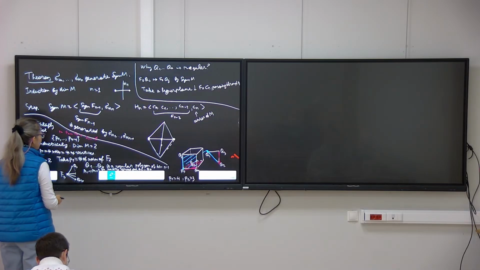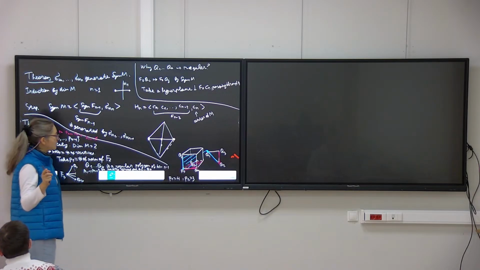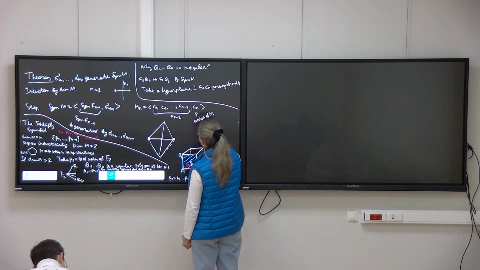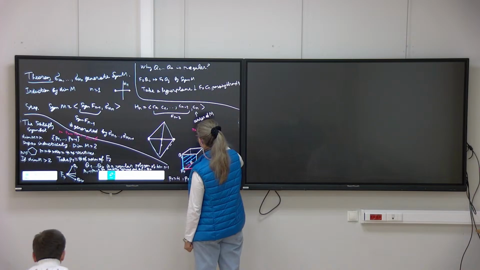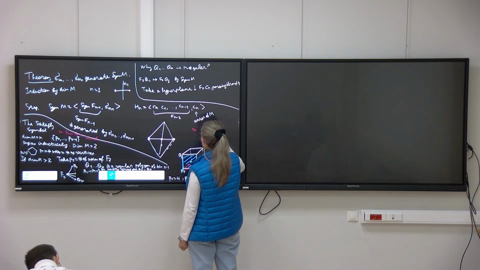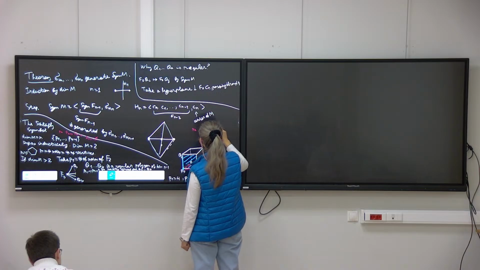I can explain it for the cube. So for the cube, what is P2? P2 is the number of faces which are faces of F3 which contain F0.